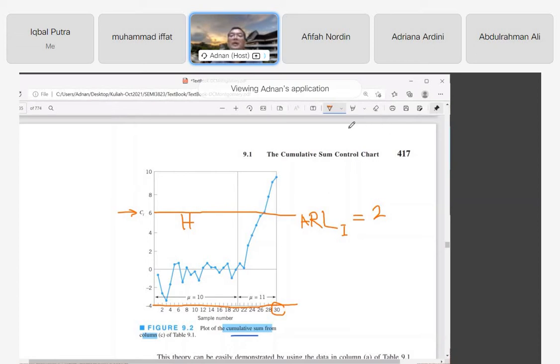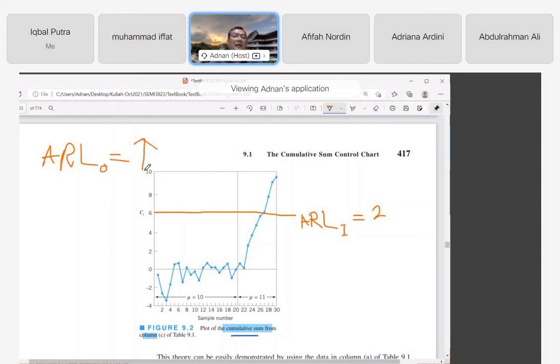Remember that for ARL0, we want the ARL0 to be as large as possible. The concept is ARL for a stable process, and we want it as big as possible.